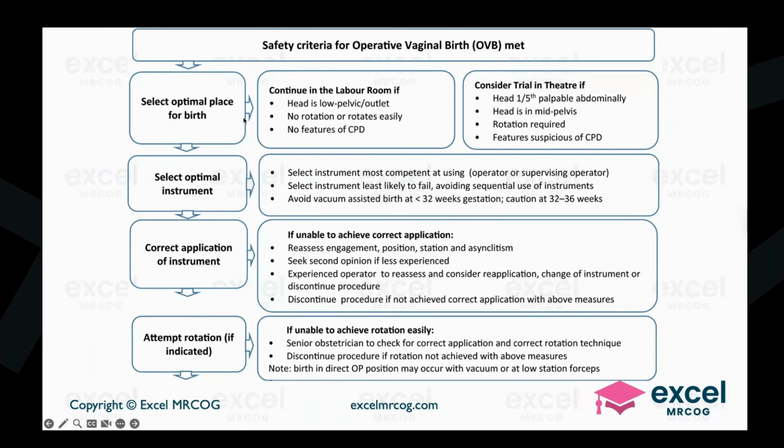So unless you have any of this, you continue in the labor ward: low pelvic or outlet ones, no rotation, no feature of CPD. Now, the optimal instrument we have seen as per competency, but in your exam it won't depend on competency. There will always be a factor which will make you decide between the two of them.